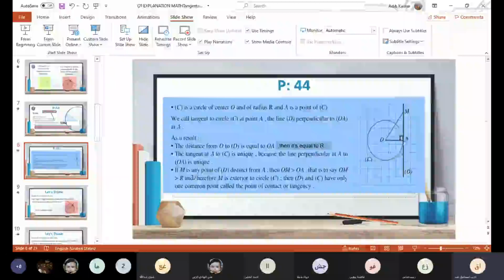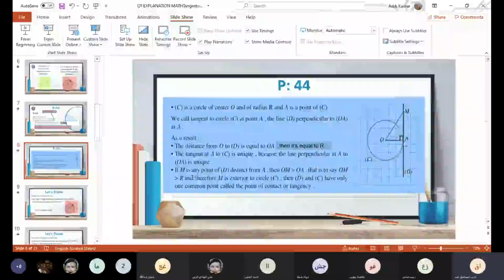If now I take another point on the line D, let's take the point M, then the distance OM will be greater than OA. That is to say OM is always greater than R, because this M is a point outside the circle.